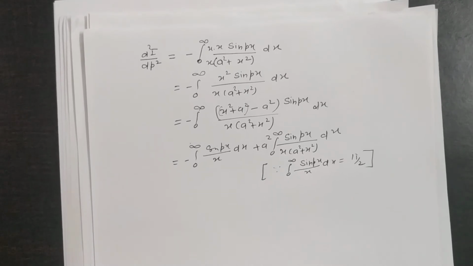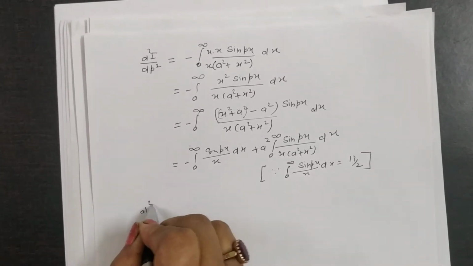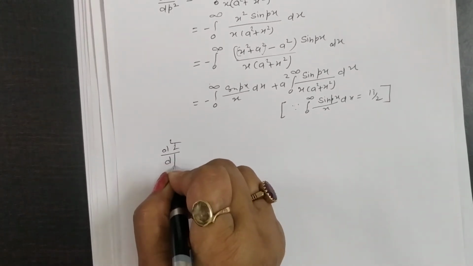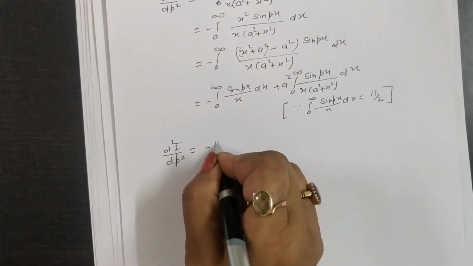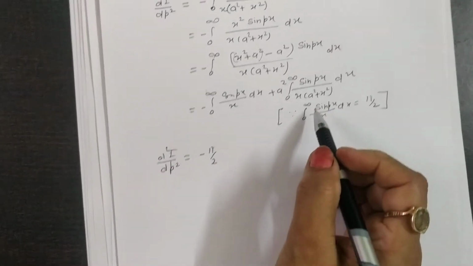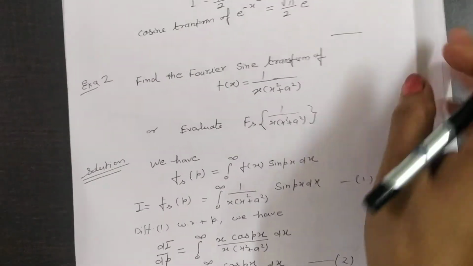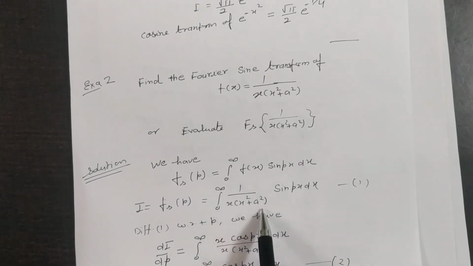So d2I by dp2 can be written as minus pi by 2, and this other term is again I, which is 1 by x into x square plus a square.